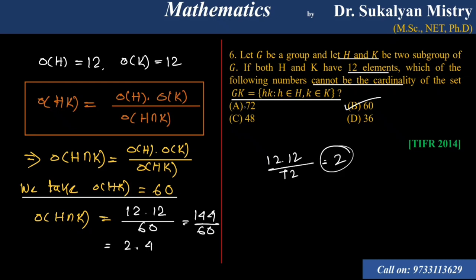So order of HK can be 72. But here we have to find which number cannot be the cardinality, that is cannot be the order of the set HK. So 144 by 60 is not an integer, so order of HK cannot be 60. Okay. So option B is correct.